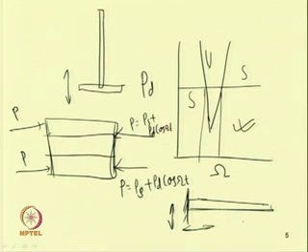In all these cases, for the periodic force P equal to P 0 plus P 1 cos omega t, for certain values of P 1 and omega, the beam will no longer be in the trivial state; it will vibrate in a transverse direction. For those cases, one has to find the parametric instability region, and also study what will happen to the system characteristics.